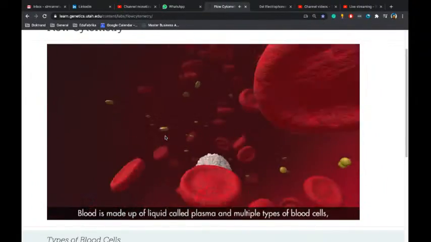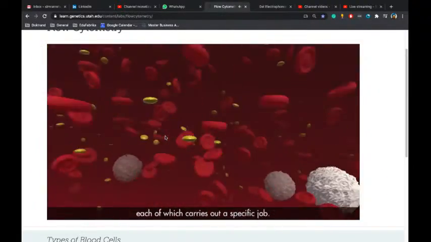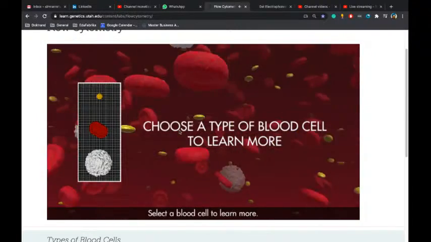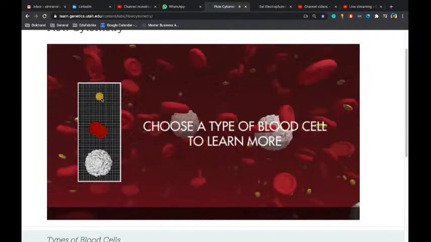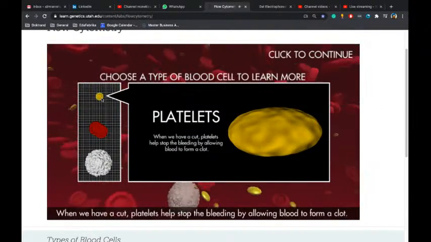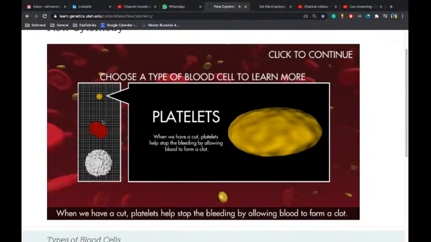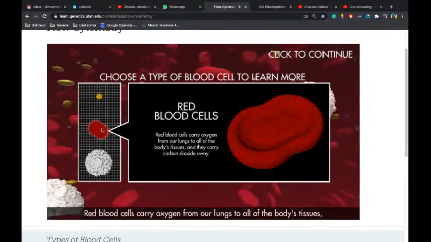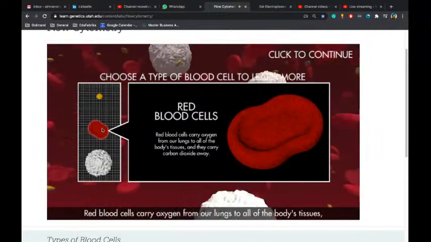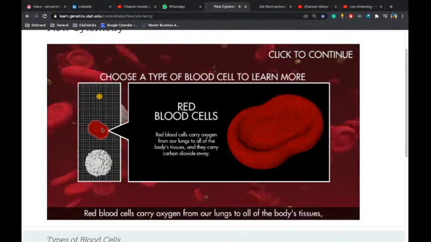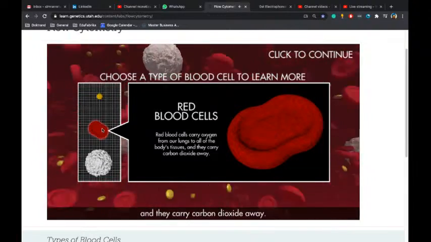Multiple types of blood cells, each of which carries out a specific function. Select a blood cell to learn more. This is about our blood cells. When we have a cut, platelets help stop the bleeding by allowing blood to form a clot. Red blood cells carry oxygen from our lungs to all of the body's tissues, and they carry carbon dioxide away.